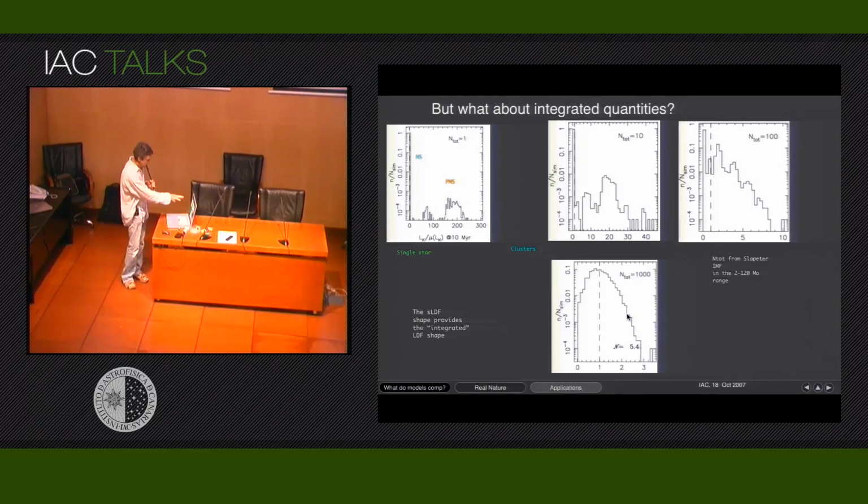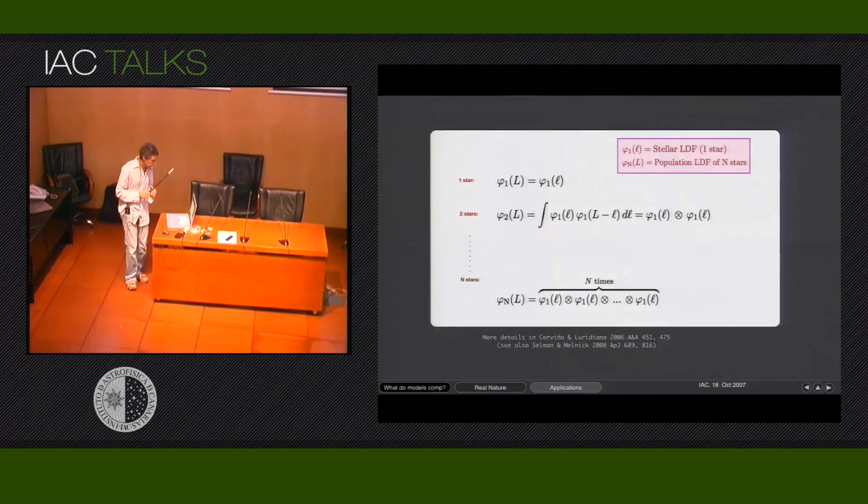Can we relate all these things? Think of it this way. You talk about one single star. If you have one single star, you have this probability distribution. If you have two stars, the probability for a given total luminosity is the probability that you have one star with a given luminosity multiplied by the probability to have a star with the luminosity that is needed to reach this total luminosity.